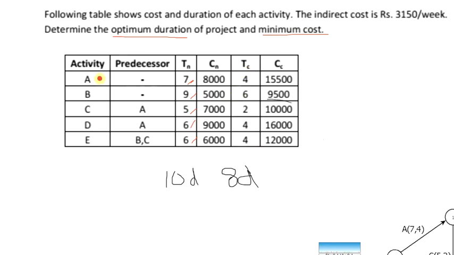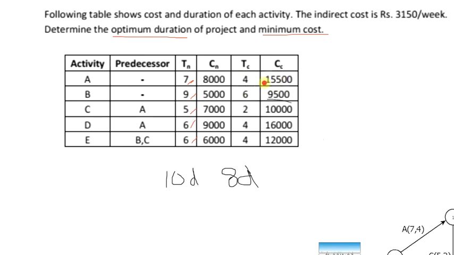A can be completed in 4 days also if we supply additional resources. Additional resources means there will be involvement of money also. Normally it will take 7 days, but if we supply additional resources, we can complete it in 4 days.